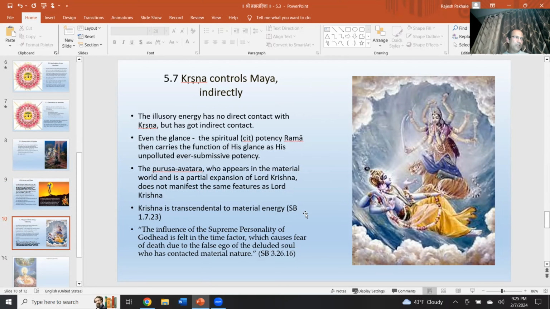The thought I had when I was reading this, maybe a crude example: in a family, generally the husband is the one supporting the family, the wife is taking care of everything, and then the maid servant takes care of the chores under the control of the wife. So even that maid servant is in a way under the control of the husband, because he is the one supporting the whole family, but he never gets in direct contact with the maid servant.